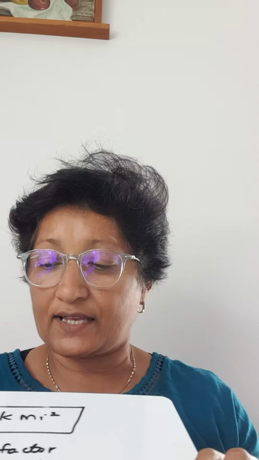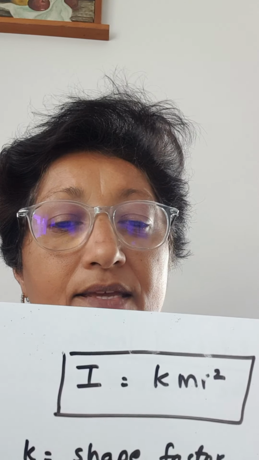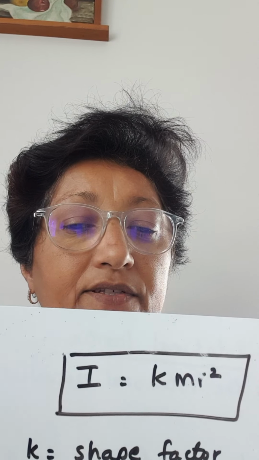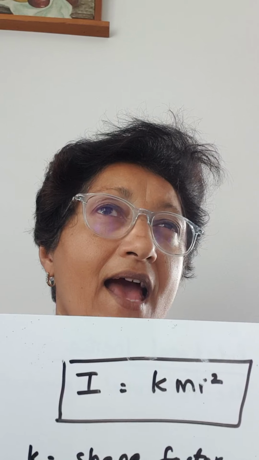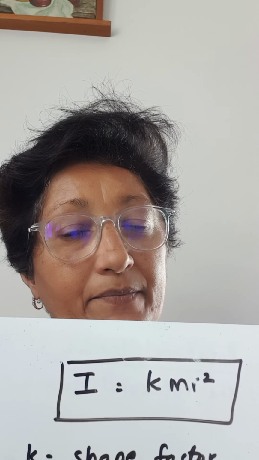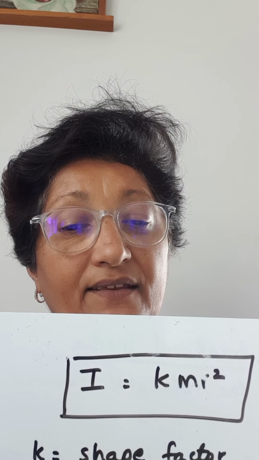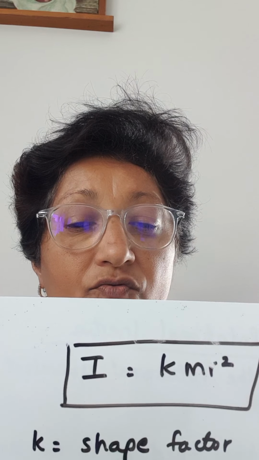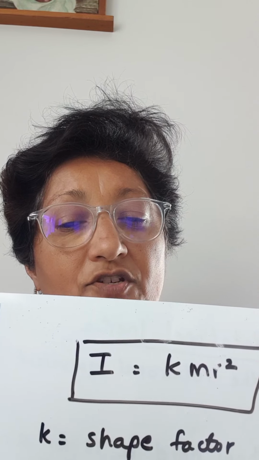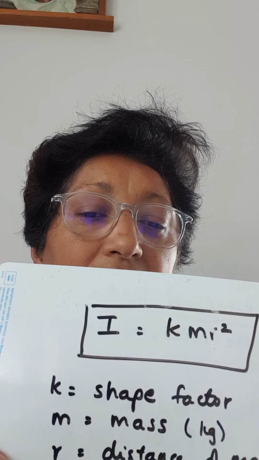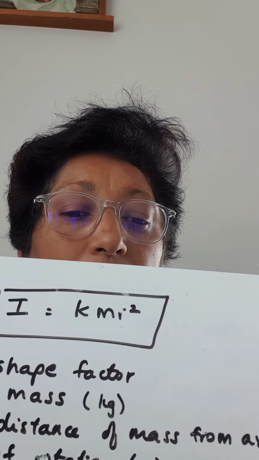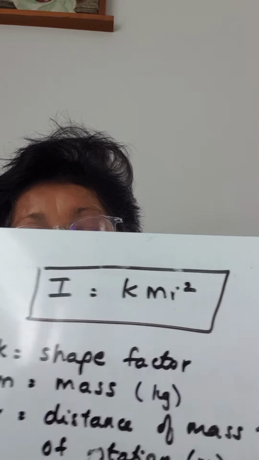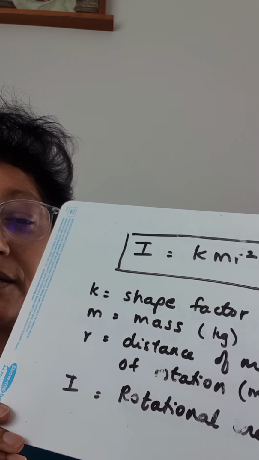Rotational inertia actually has a formula, I equals kmr squared, where k is called the shape factor, and it's usually a constant, a number, and it can be anything, 1 or 2/3 or 2/5, depending on the shape of the object. M is the mass, and r is the distance of the mass from the axis of rotation. So how far is the mass distributed?